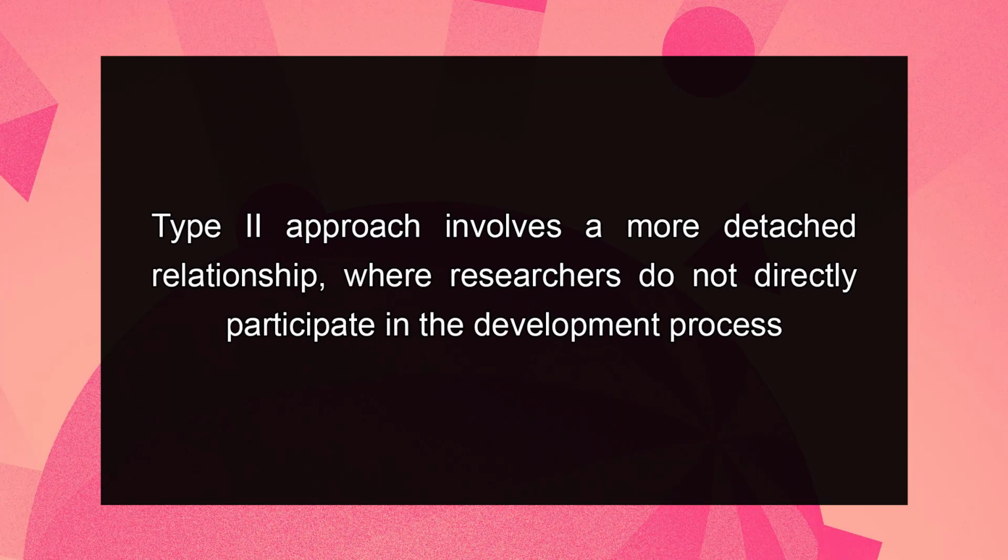On the other hand, type 2 approach involves a more detached relationship, where researchers do not directly participate in the development process. Instead, they study these processes, including the tools and models employed by others, to derive conclusions that have broader applicability.